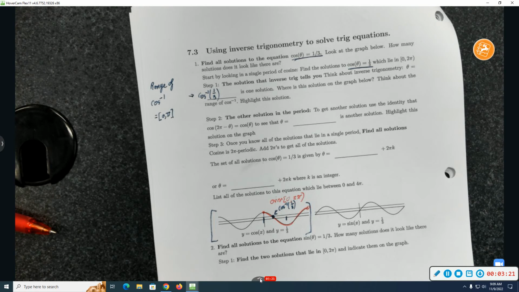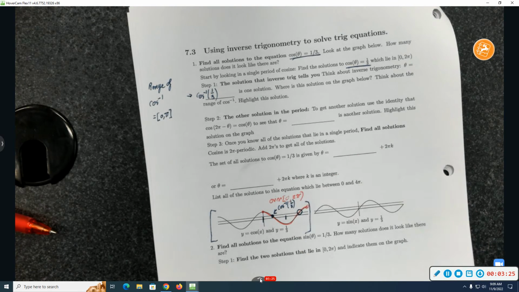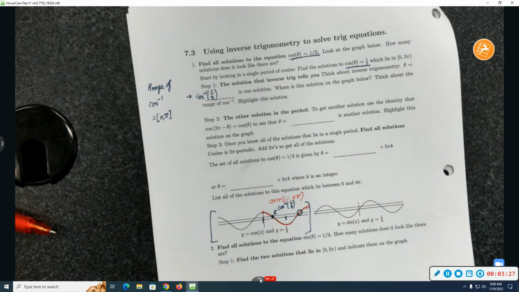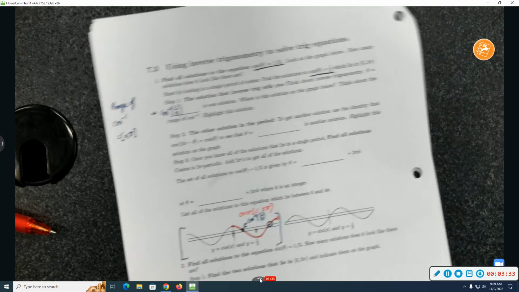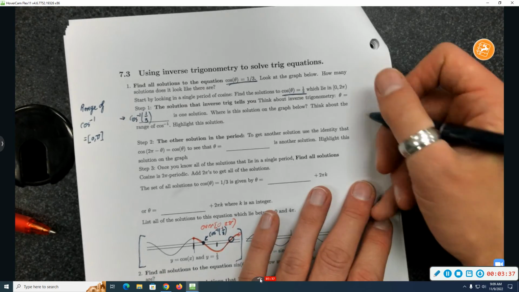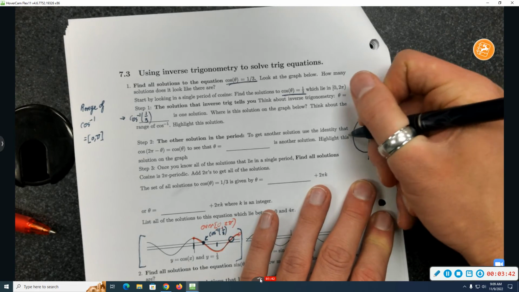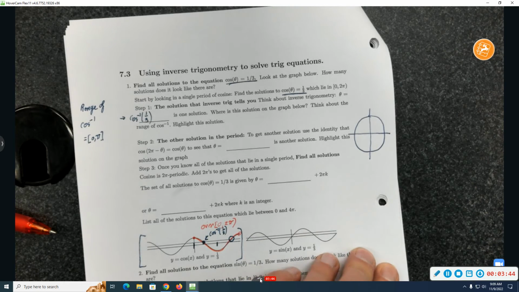But there are more. There's even another one between 0 and 2 pi that we still want to find. Maybe a useful way to think about what to do next is to draw a unit circle picture. So here's a picture of the unit circle. We want to know when cosine is equal to 1 over 3. What feature is cosine equal to on the unit circle?